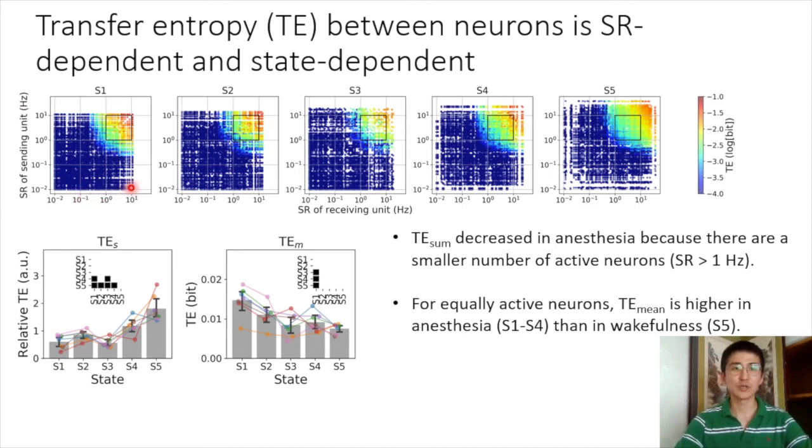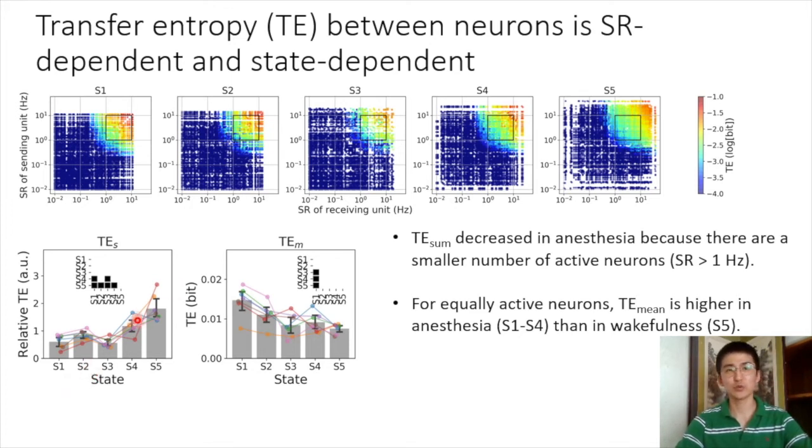And the color of each dot represents the TE value, blue being low and red being high TE value. Because the spike rate is high in S5, there are many dots in the upper right areas of this panel. Because of this, the sum of TE, TES, is highest in S5 compared to other 4 brain states. Neurons with SR, spike rate, less than 1 Hz were excluded from this figure.